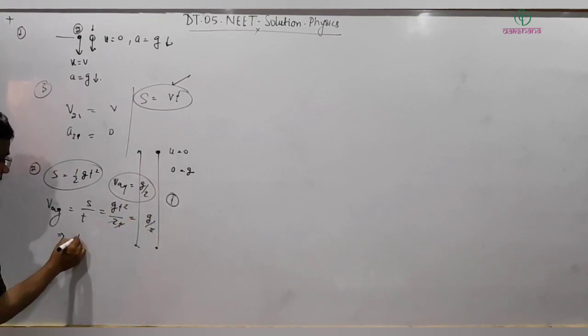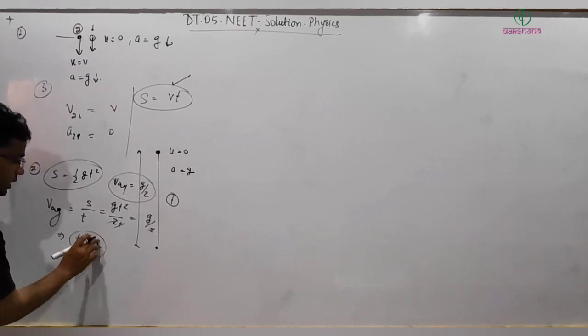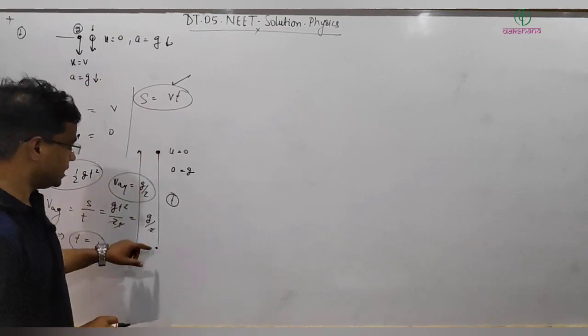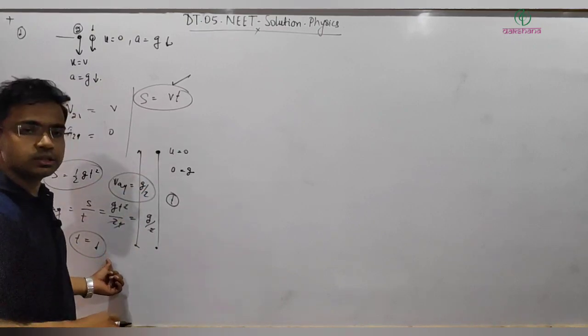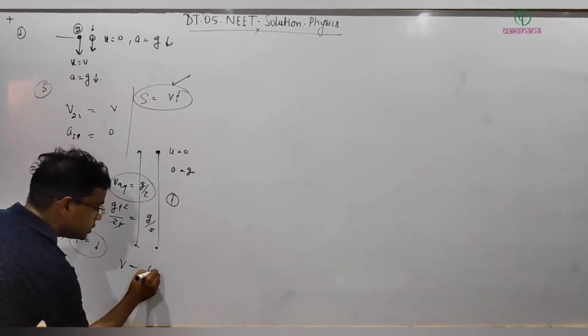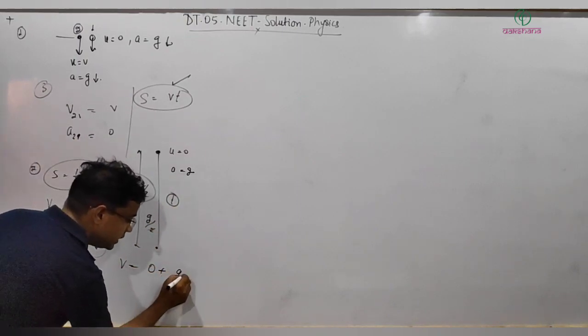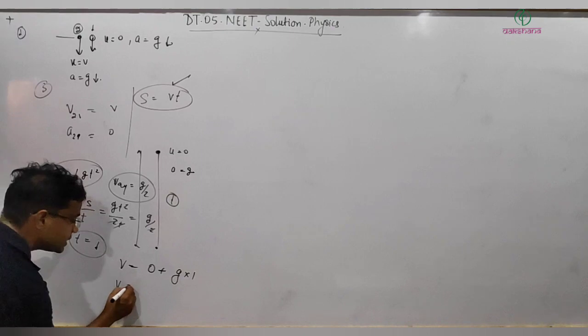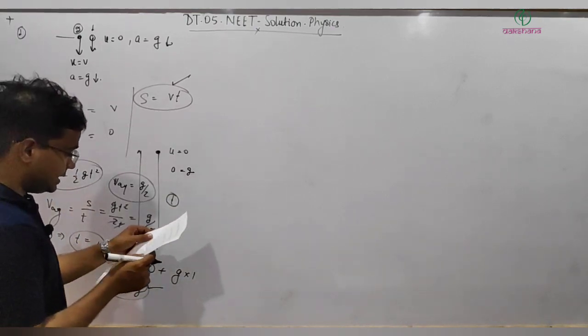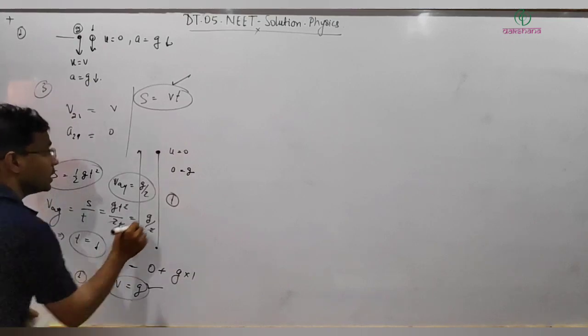This implies time taken is equal to 1 second. So the body has taken 1 second to fall. Then final velocity is 0 initial plus acceleration g into t, which is 1 second. So v is simply equal to g. That's the answer, matching option 1.